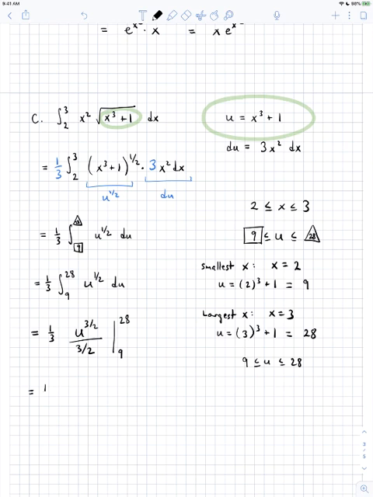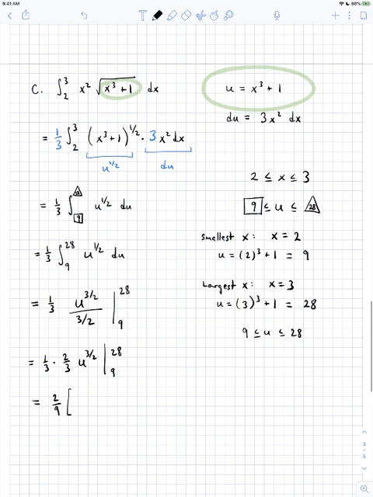So dividing by 3/2 is the same as multiplying by 2/3, so 1/3 times 2/3 gives 2/9 times u to the 3/2 between 9 and 28. So this is 2/9 times 28 to the 3/2 minus 9 to the 3/2. And that's our answer.